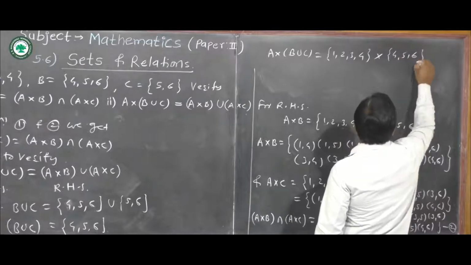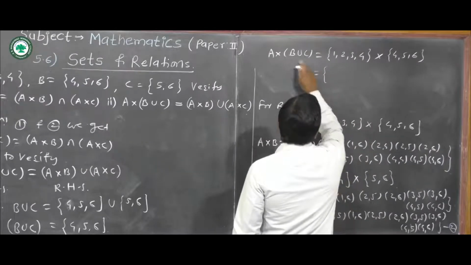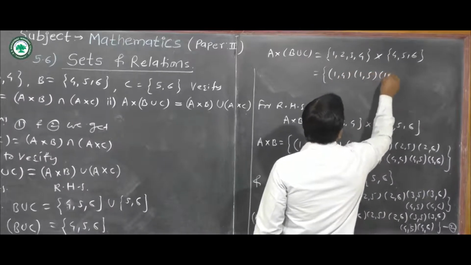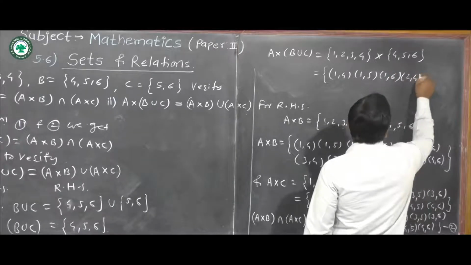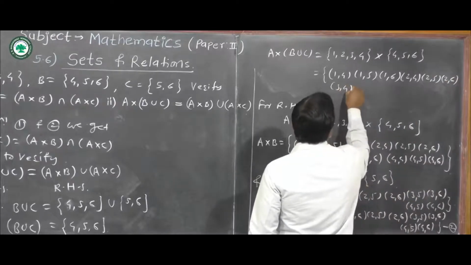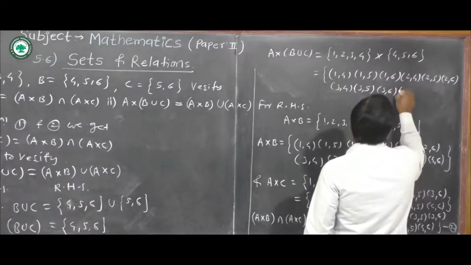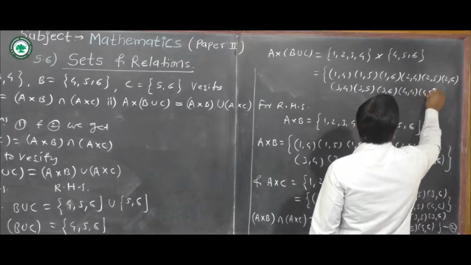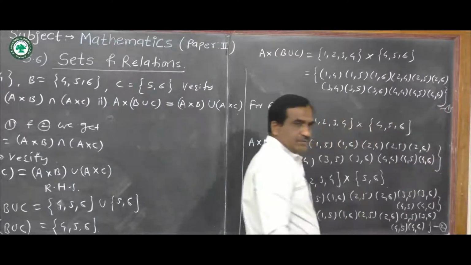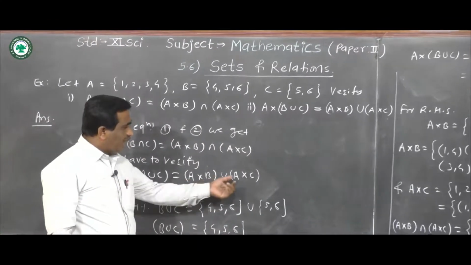Okay, equal to, we have to write cross product of these two in ordered pair form: (1,4), (1,5), (1,6), (2,4), (2,5), (2,6), further (3,4), (3,5), (3,6), and (4,4), (4,5), (4,6). Equation number first.